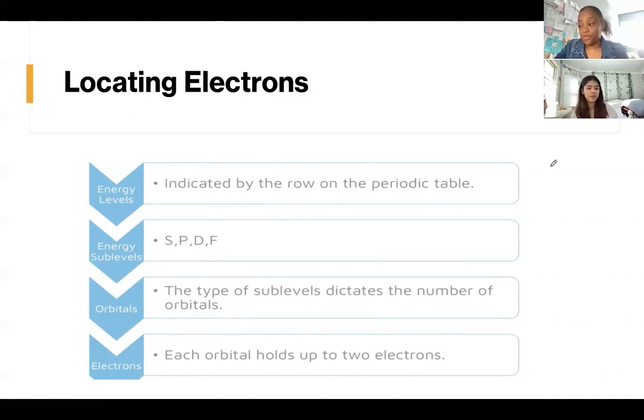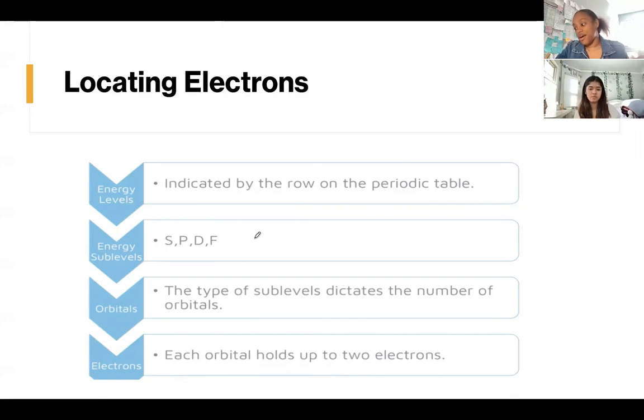Then within those energy levels you have sub levels, which we talked about last time: the S sub level, the P sub level, the D, and the F sub levels. And within those sub levels are your orbitals, and the type of sub level dictates the number of orbitals. We said that, right?